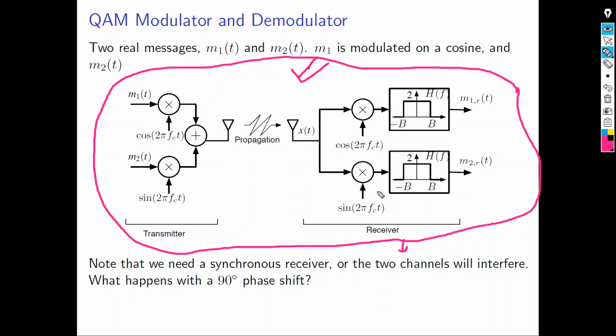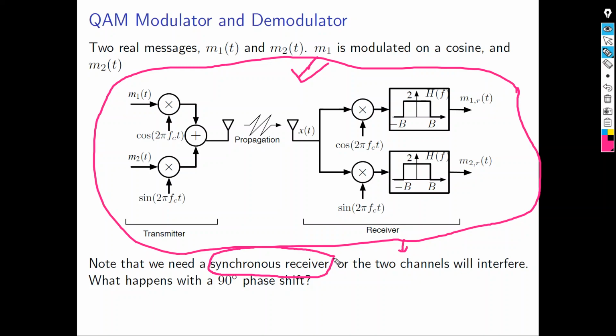Now, we achieved doubling the spectral efficiency, we achieved improving the spectral efficiency in this case, but what's the price? At which cost are we achieving spectral efficiency? At the cost of the need to have a synchronous receiver. What do I mean by synchronous receiver?